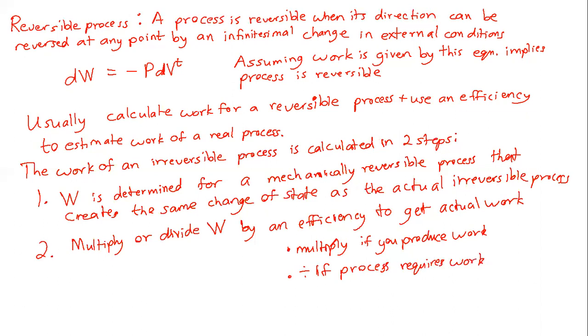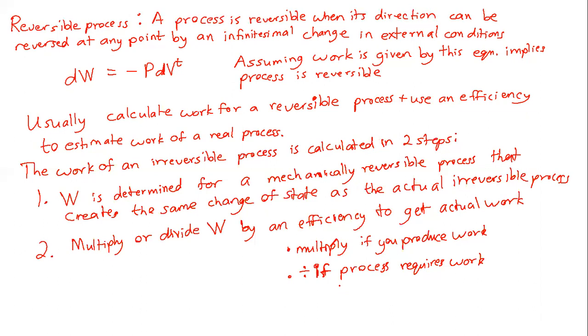Okay, so let's clarify why. If you are going to produce some work, then that's a positive benefit for you. So you need to multiply it by this efficiency, which is less than 1, to say, actually, you're not going to get all the work you ideally think you're going to get. If instead you need to do work on your process, so maybe you have to do compression, then that is a cost to you.